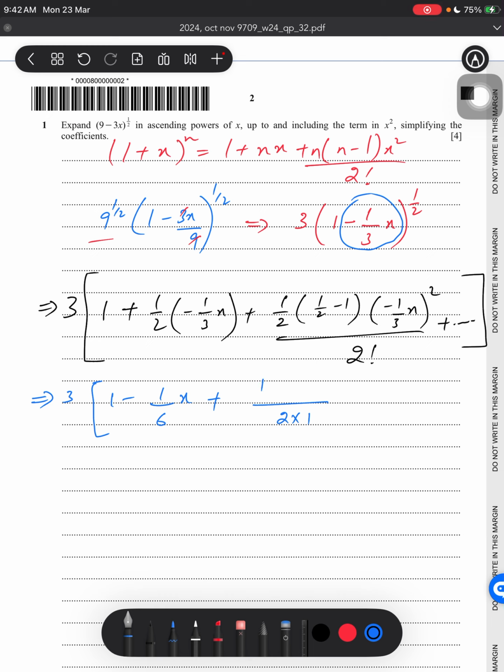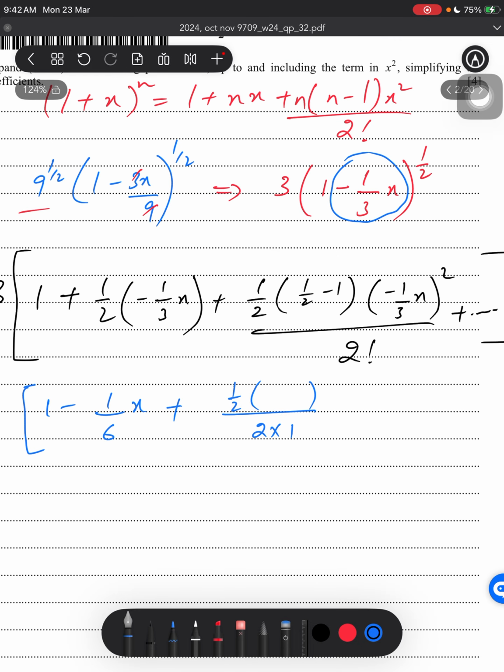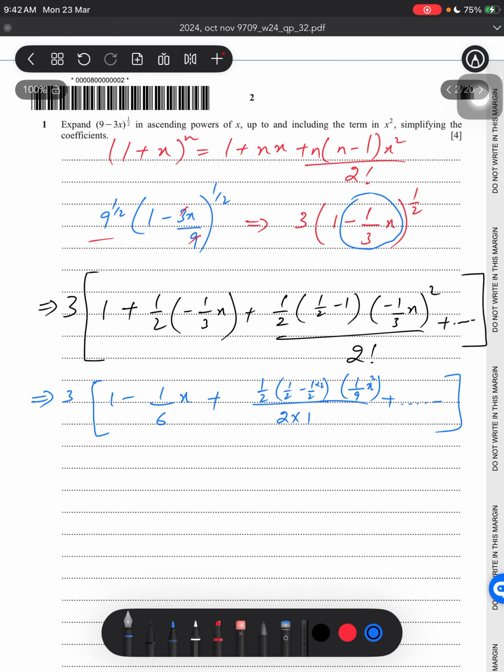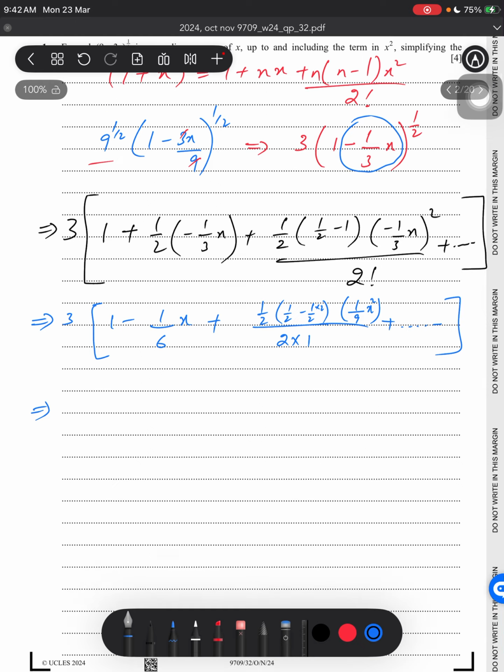The inner bracket would be solved by multiplying with this 2, and this would also be multiplied with 2, and this would be squared, positive 1 times 1 negative, so that would give you positive 1 over 9, and then x squared also plus. So let's solve this.